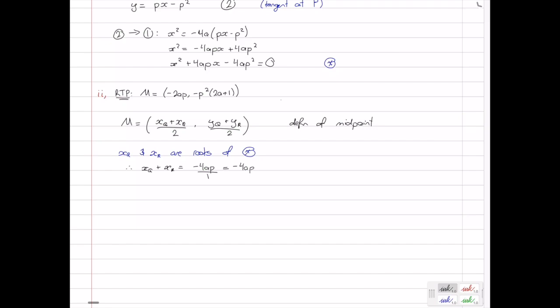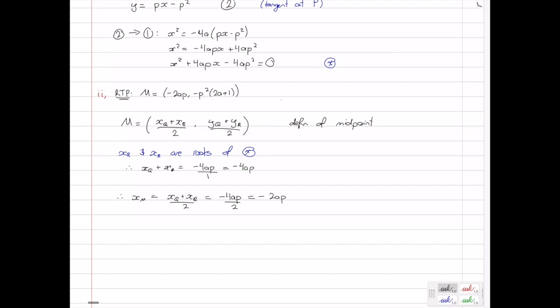Therefore, the x coordinate of M is going to be xQ plus xR over 2. But what's xQ plus xR? We just worked that out in the line above. That's minus 4ap divided by 2, which is minus 2ap. Great, so we now have the x-coordinate of M.